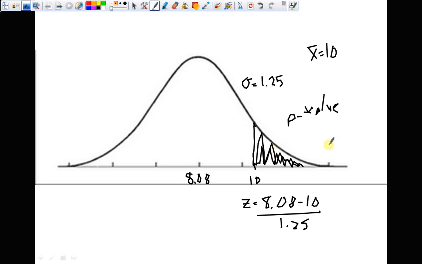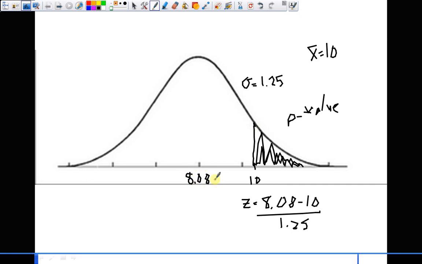So the lower your p-value is, in other words, the less likely it is to get a sample mean of 10, the less likely the mean is really 8.08. So the lower the p-value, the more evidence we get that the mean is actually higher than 8.08. Okay. So now let's go to the calculator.